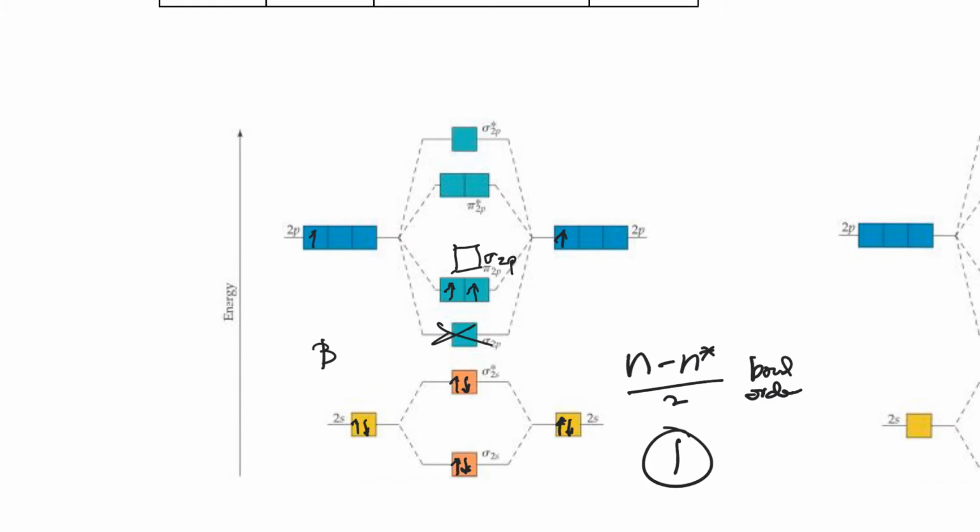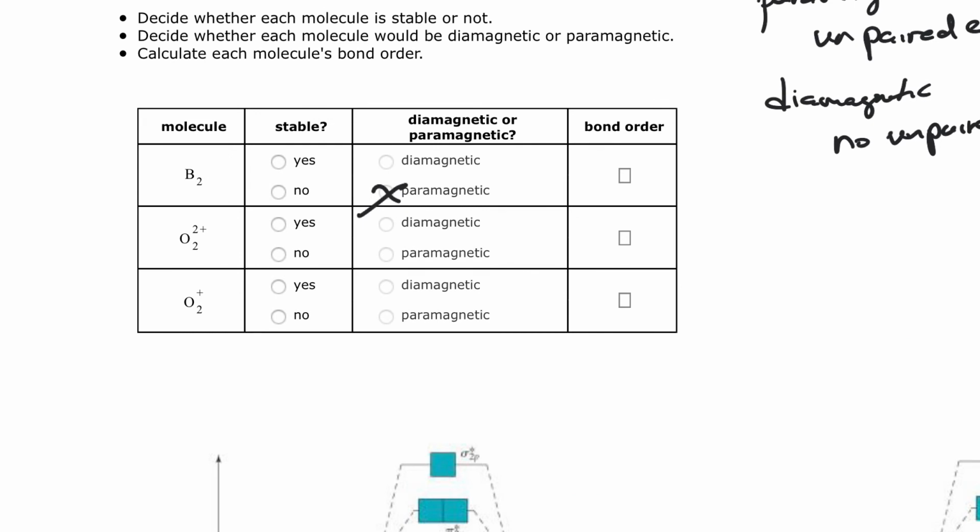So this has a bond order of 1. And since it's more than 0, it's stable. If you get a bond order that's negative or 0, it doesn't happen. You're not going to make a bond. But if you have a positive bond order, you will make a bond.